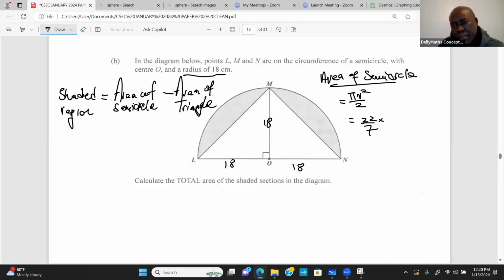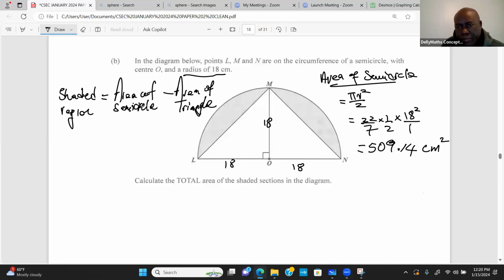I'm going to put the half, times 18 squared. So that's pi r squared divided by 2. And for the semicircle, I'm getting the area of 509.14. All right, so that is the area here.